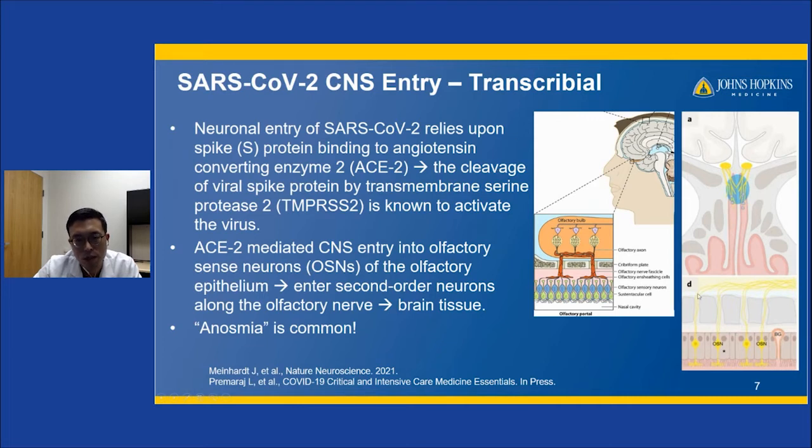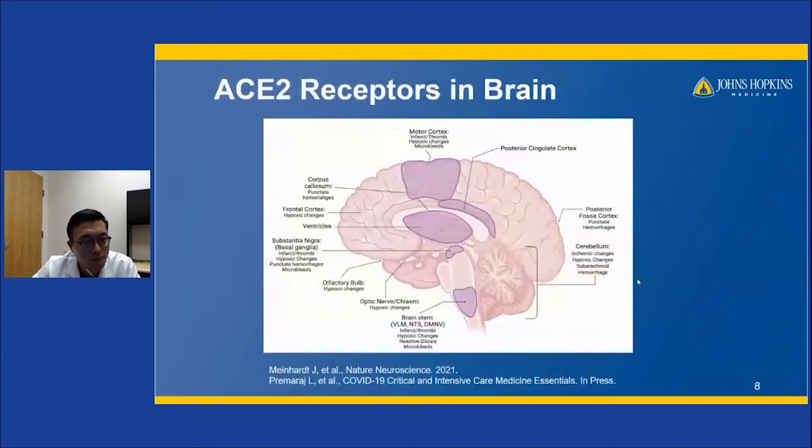This schematic shows how close the cribriform plate is, from the olfactory sensory neuron or nasal cavity to the basal frontal lobe with the olfactory bulb. You can see the nerve here that connects the basal frontal lobe to the nasal cavity. So there is a plausible mechanism here that transcribrial spread may be the cause of CNS entry for SARS-CoV-2 virus.